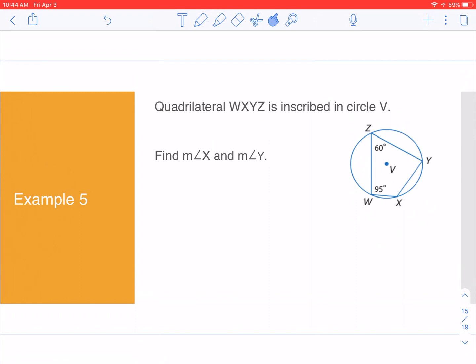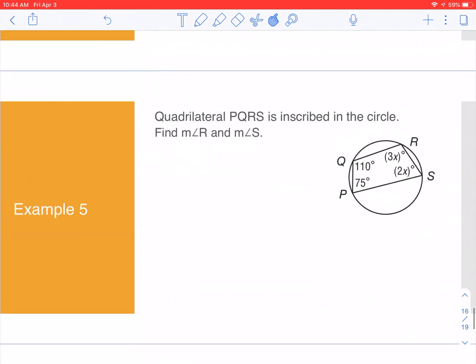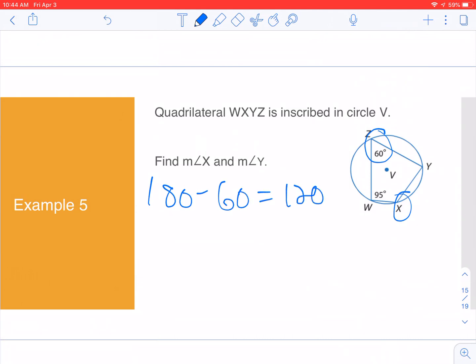Okay, so real quick, we've got 1, 2, 3 quick examples here. Okay, opposite angles. So Z is going to go with X. So I do 180 minus 60, and I get 120 for X. 120.